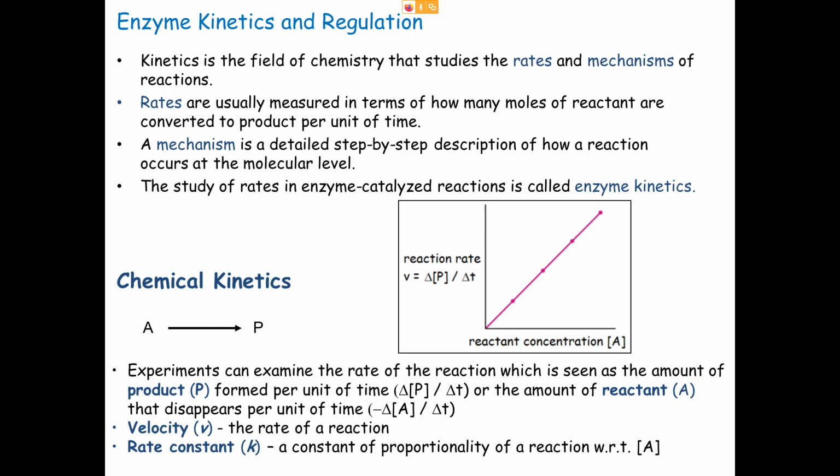We can also talk about the mechanism in which it happens. And the mechanism is just like you did in organic, it's a step-by-step description at the molecular level of how things are moving, what's attacking something else, which lone pair is moving where, protons are going, and so forth.